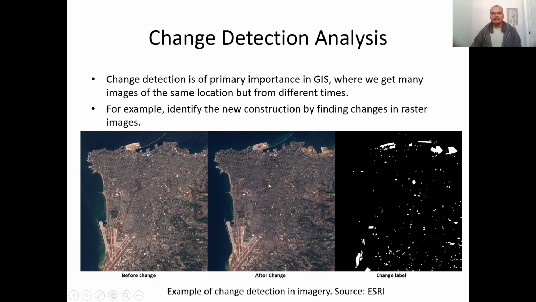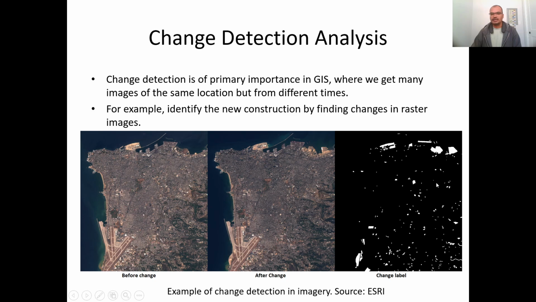So once you have extracted the meaningful information, you can compare that information across two different time periods. Even without information extraction, you can compare the raw raster pixels of two time points, and you can identify the changes between the two pixels, and whether changes happened or not.